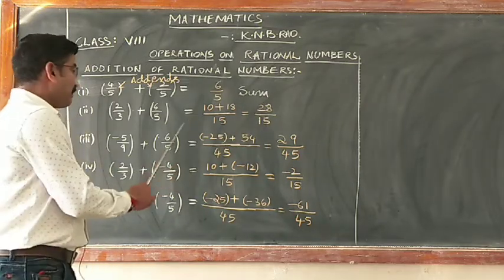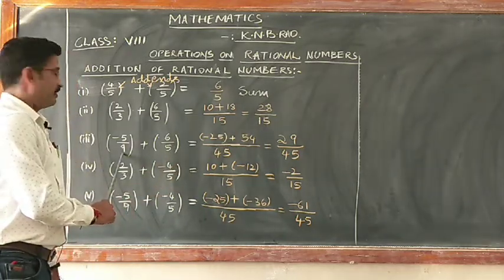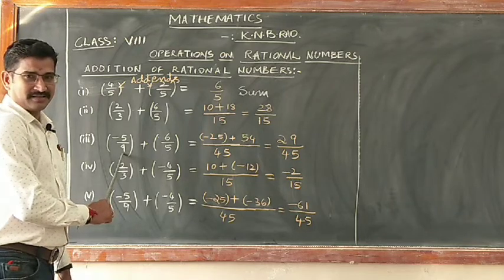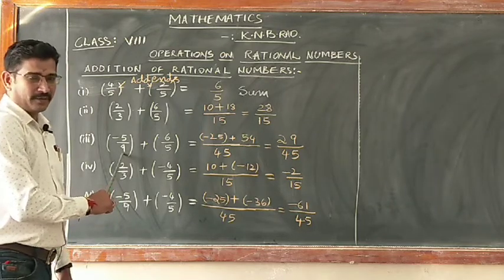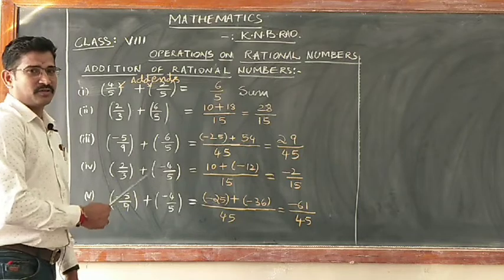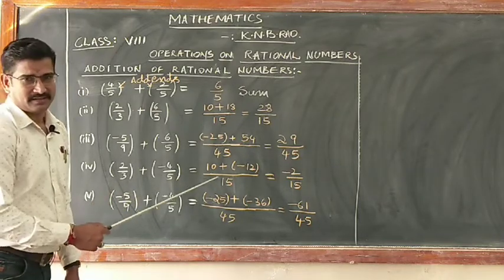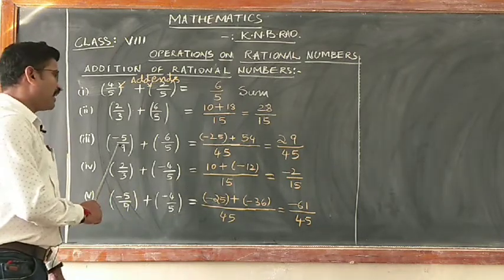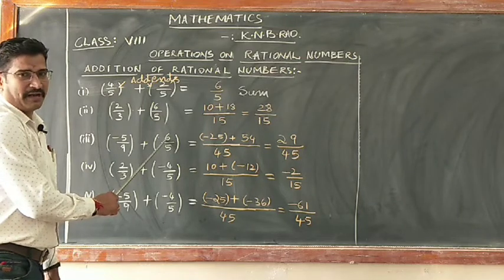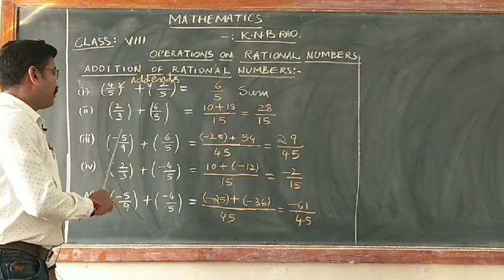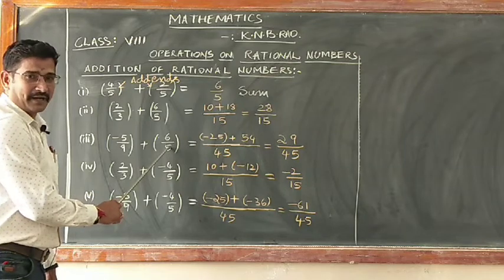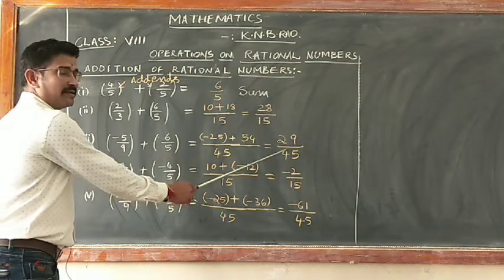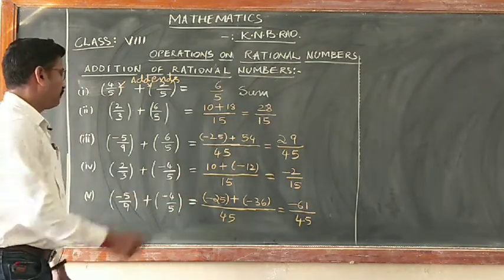Next, the sum of two rational numbers where one is negative and the other is positive with different denominators. I gave you -5/9 plus 6/5. The sum of -5/9 and 6/5 is 29/45.